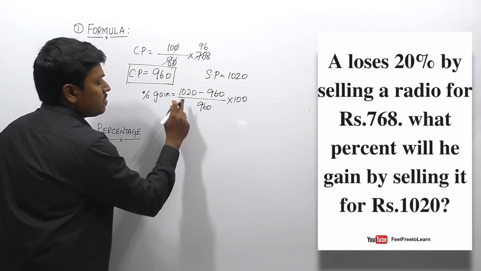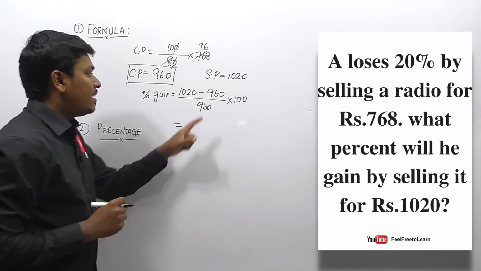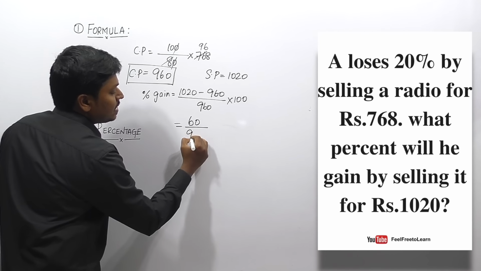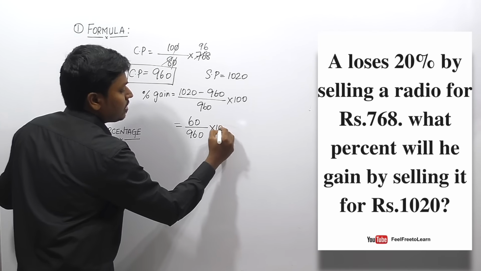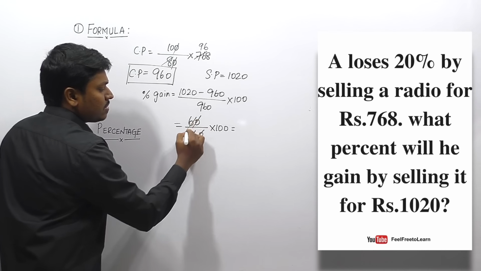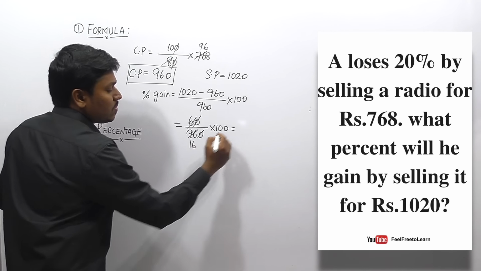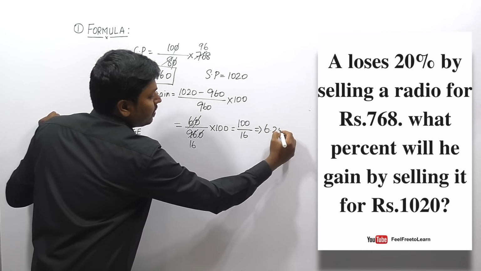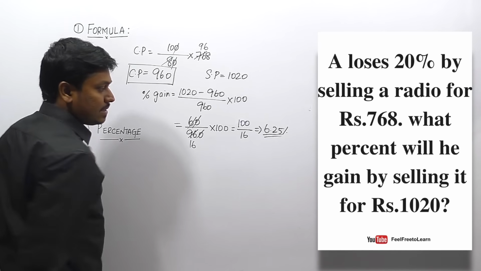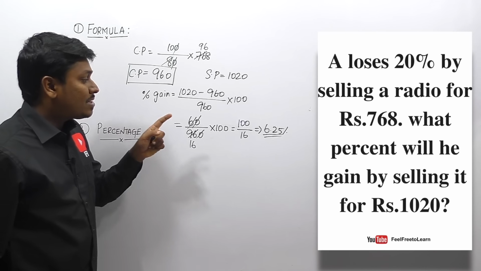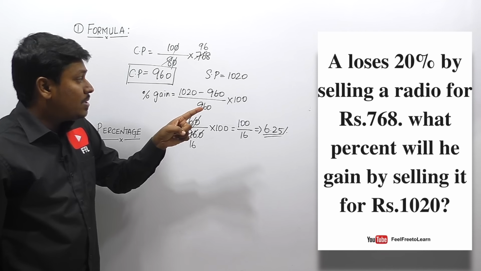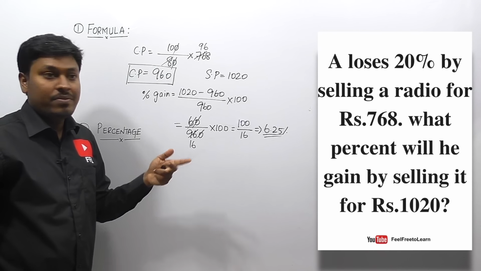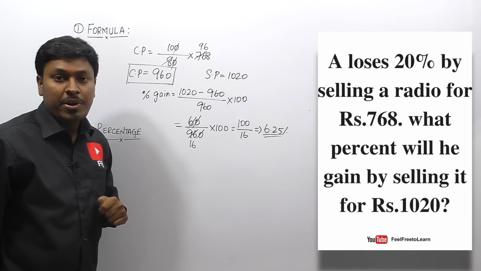The difference is 60. So 60 divided by 960 into 100, cancelling 0 and 0, this will be 16 times, so 100 divided by 16 will be 6.25%. So finally we can say that the profit he gained will be 6.25% if he sold the same radio for 1020.